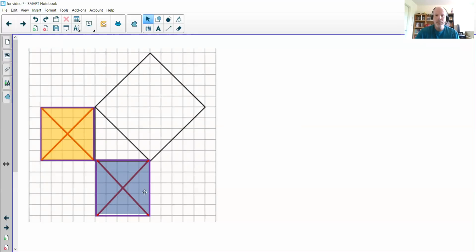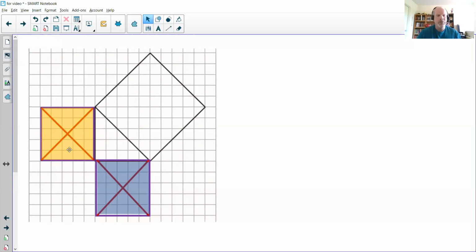So we'd have a triangle here, a triangle here, a triangle here, and a triangle here. And likewise on the orange one, we'd have 4 orange triangles. That's a total of 8 triangles.